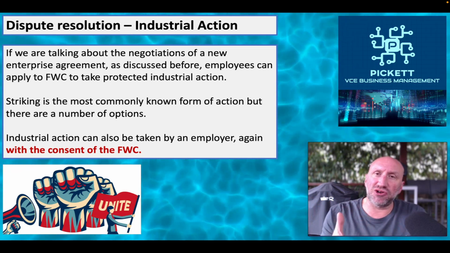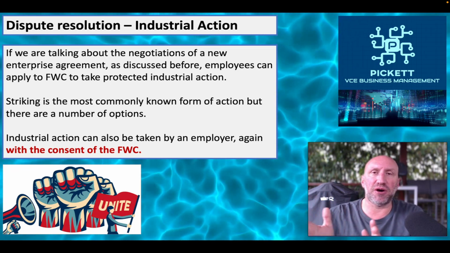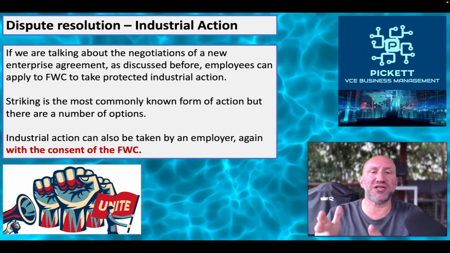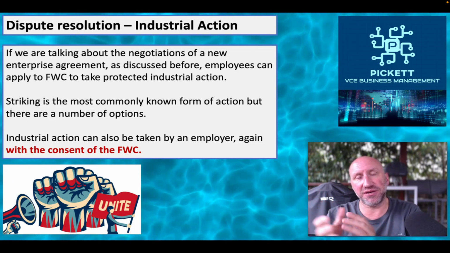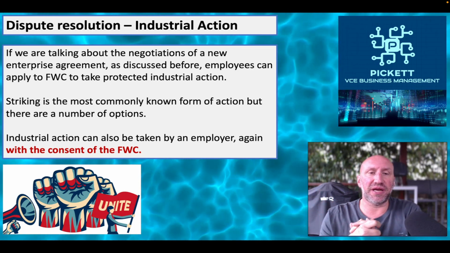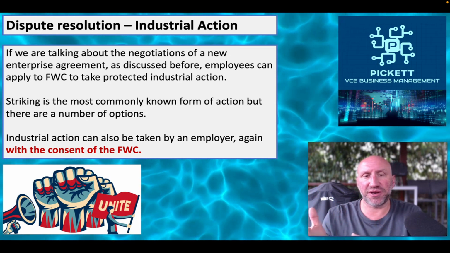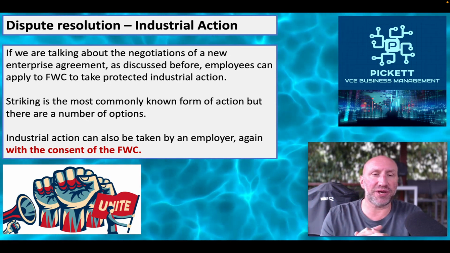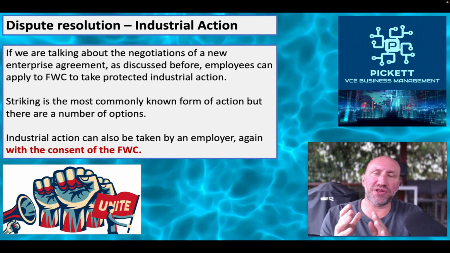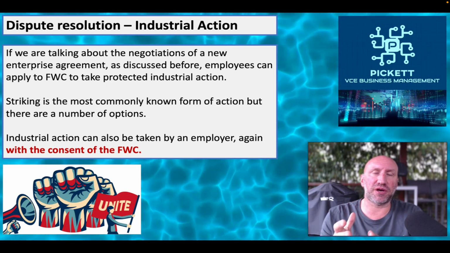So industrial action can be taken by either party to kind of further the negotiation in that negotiation process. Okay, so usually it's taken by the employees, and we'll demonstrate that in a minute, but it can be taken by the employers, but it has to be with the consent of the Fair Work Commission.